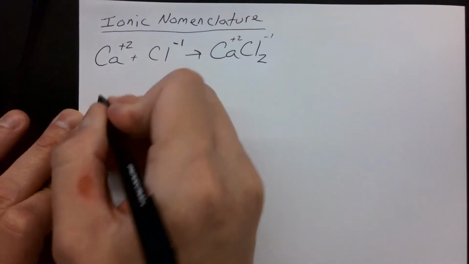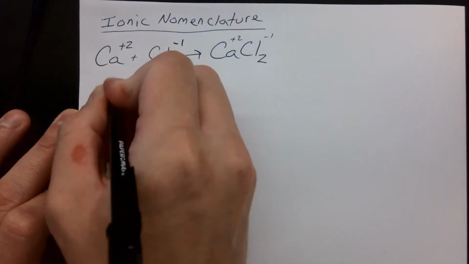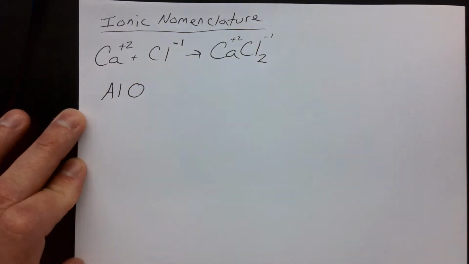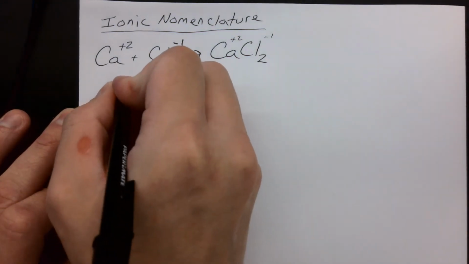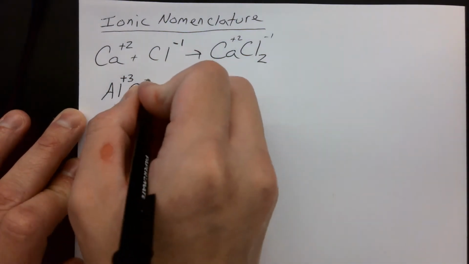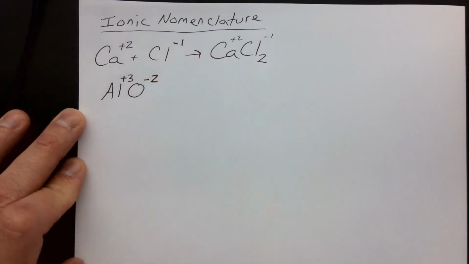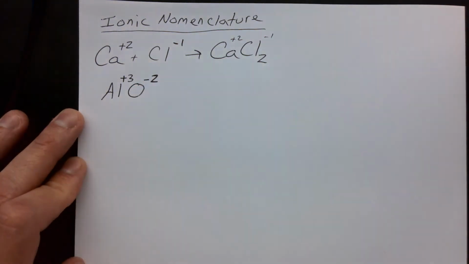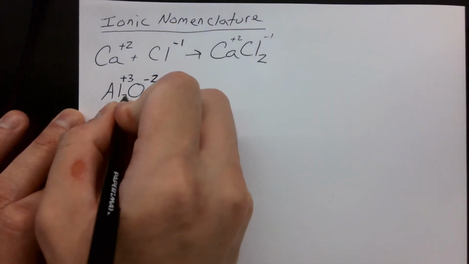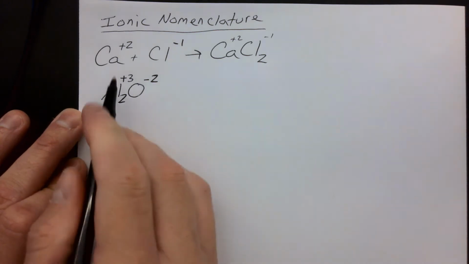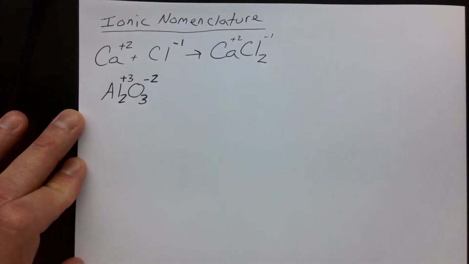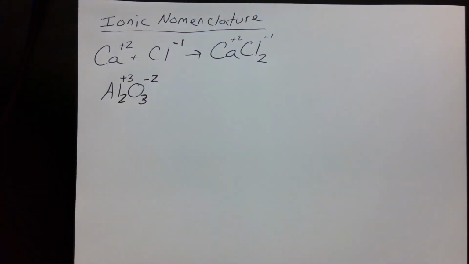Another example would be the aluminum ion and the oxide ion, where aluminum, off the periodic table, is a +3 and oxide is a -2. The only way for them to cancel each other is if you turn them both into a 6, meaning you have 2 aluminums to give us a +6, and 3 oxygens to give us a -6. So that's how those would combine.